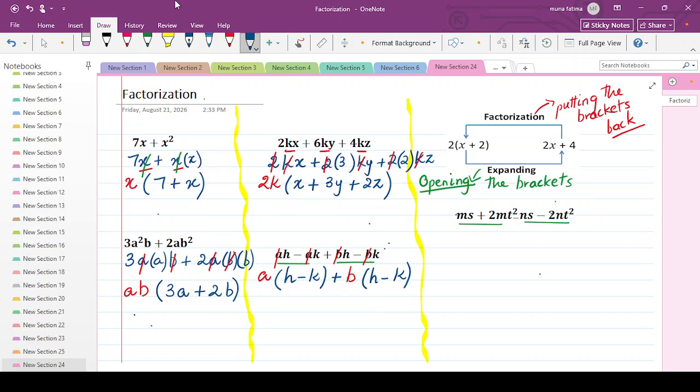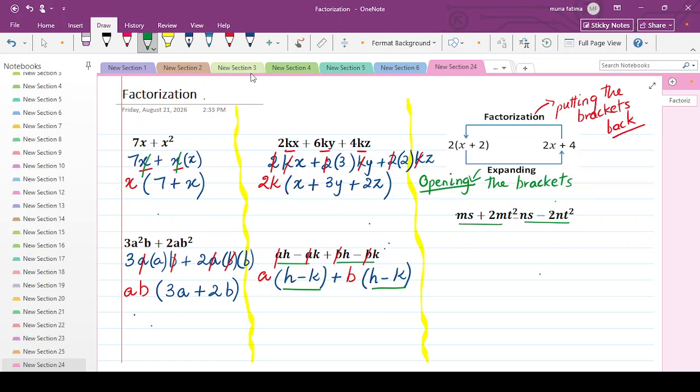Now at this stage it is very obvious that we have an entire bracket common. So we have h minus k over here and we have h minus k over here. Notice that from four terms we are now down to two terms. The plus or the minus sign between terms shows us how many terms we have. This is the first one and this is the second one.